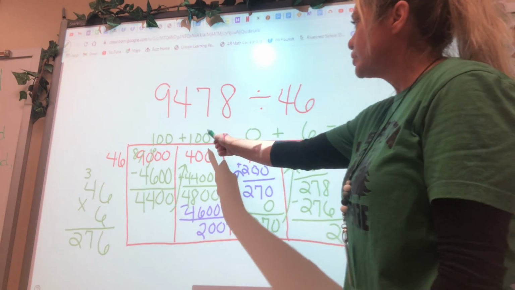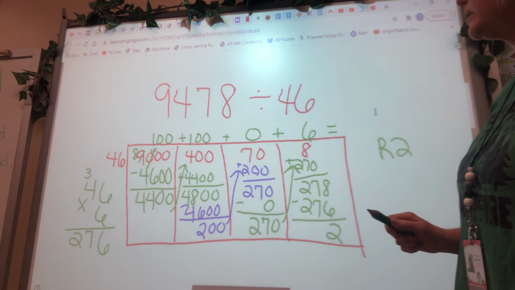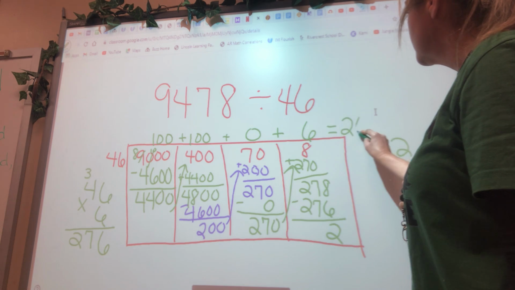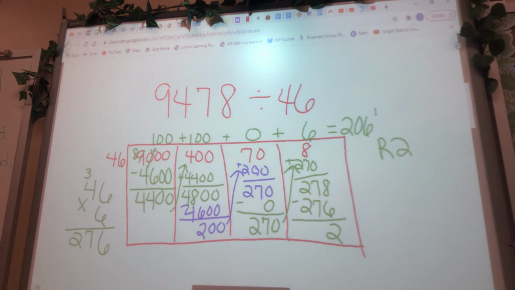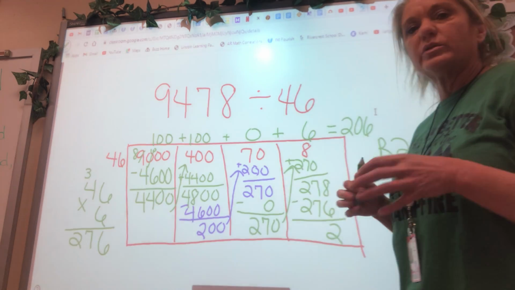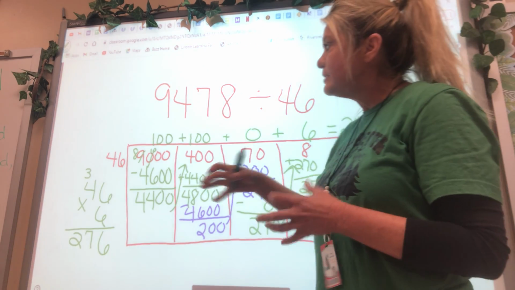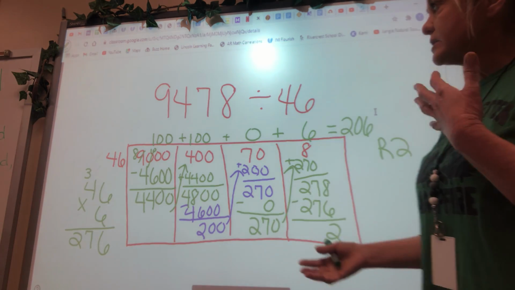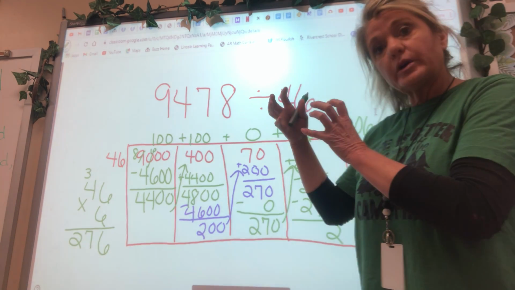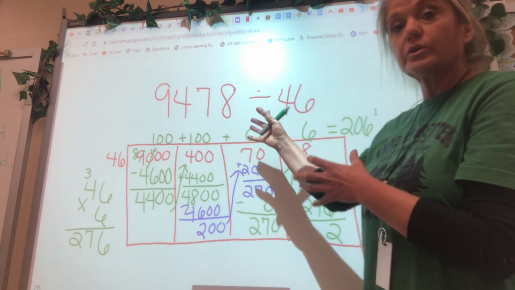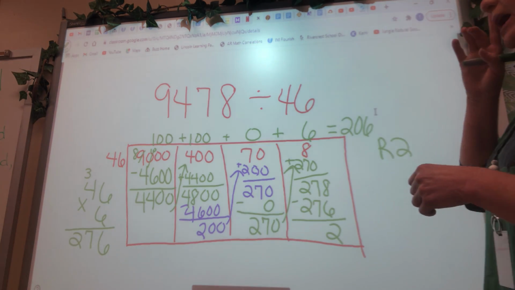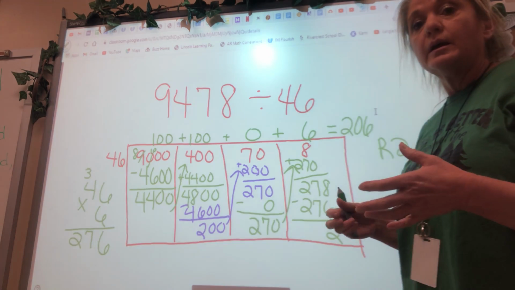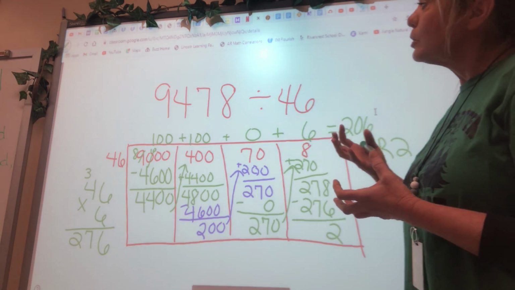And then to get how many whole times in my quotient, I add these together. So I would have 100 plus 100 is 200, plus 0 is still 200, plus 6 is 206. So just like when we were working with the standard model where you had to use multiples of 10 that were less than 100, I just wanted to offer an alternative for students who were working more fluently with the larger multiples of 10.